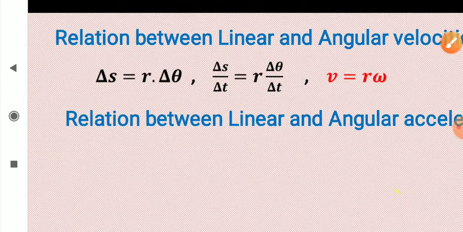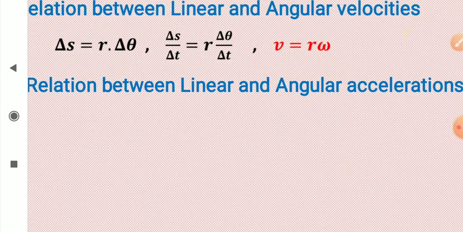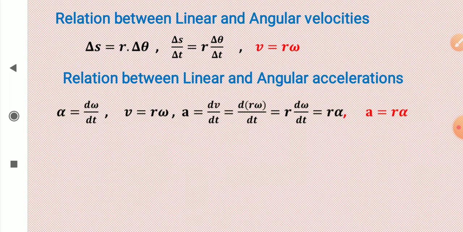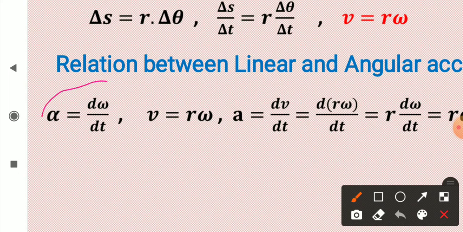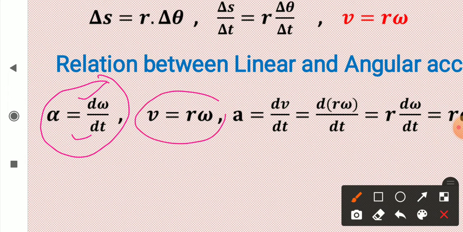Relation between linear and angular accelerations. So now see, angular acceleration is rate of change of angular velocity, and v is equal to r omega. So differentiate both the sides. You know that linear acceleration is equal to dv by dt, rate of change of linear velocity.